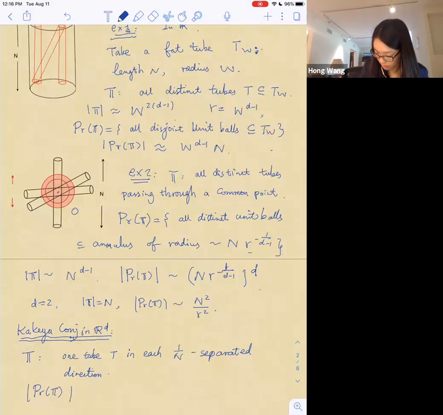The conjecture says that it is bounded by n to the epsilon, where epsilon is an arbitrarily small number greater than 0, times the number of tubes to the d over d minus 1 divided by r to the d over d minus 1.